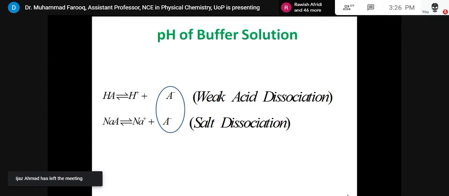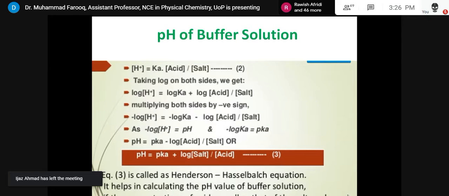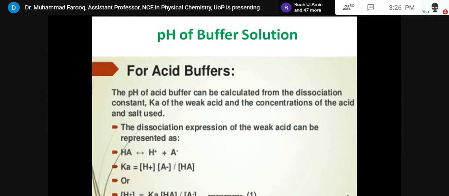Now, hydrogen ions: this is equal to Ka. This is H positive, A negative. If I rearrange, H positive is equal to Ka into HA, the initial concentration of the acid, divided by A negative.